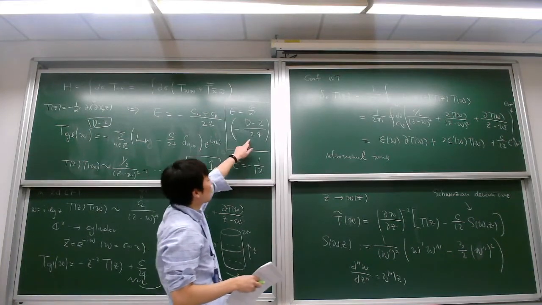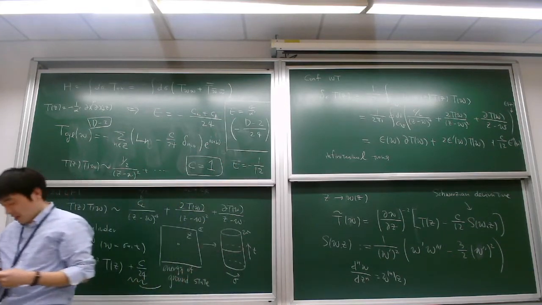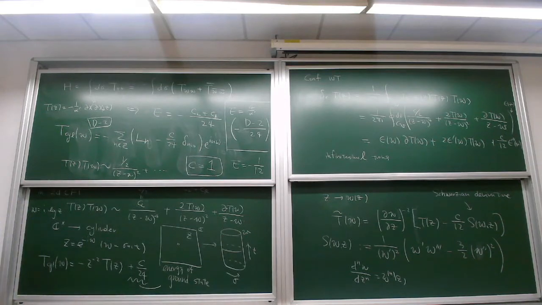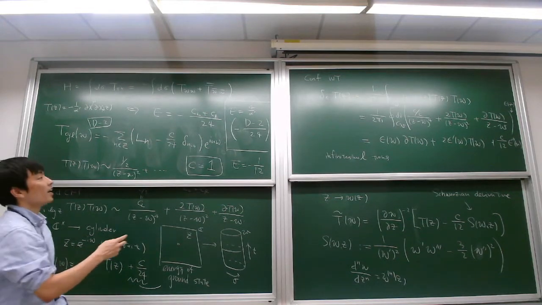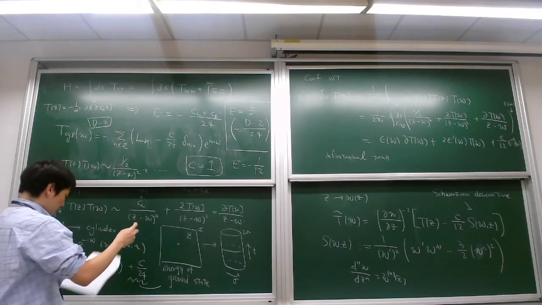And what is the normalization? Why do you get 24 instead of 12? Where is that? Let's see. That I don't remember. I should have known. Oh, what am I doing? Sorry, I just omitted the detail.